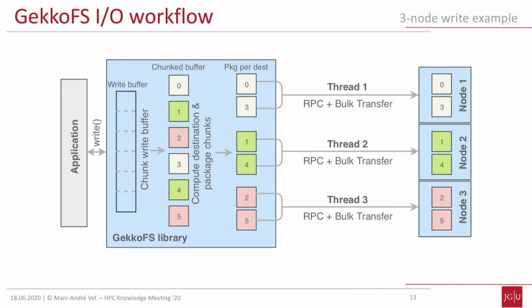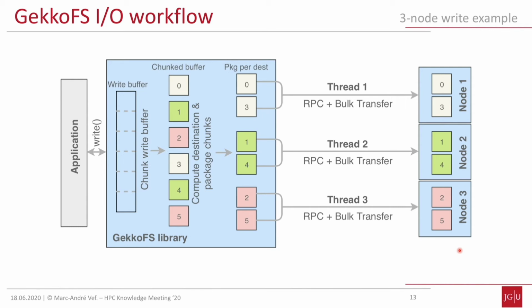So as you can see, the number of daemons that are part of a given IO operation depends on the chunk size, but also on how big the IO buffer is. So if the IO buffer would be so small that it fits into a single chunk, then there would only be one chunk, and therefore only one daemon would be part of that operation.